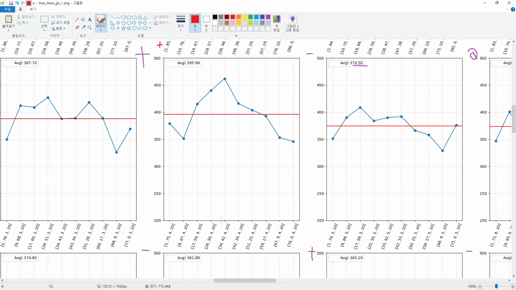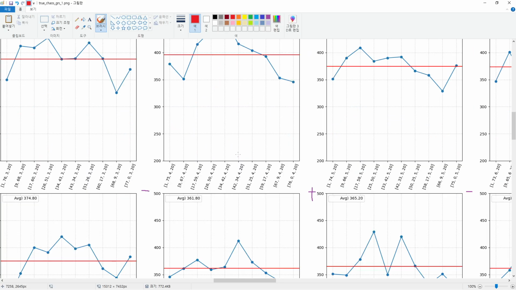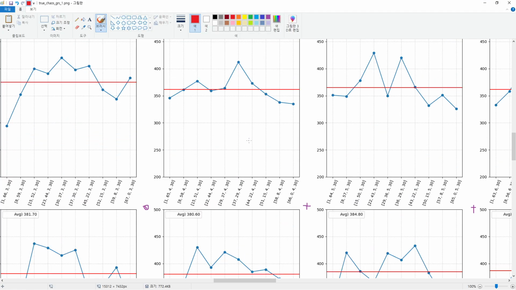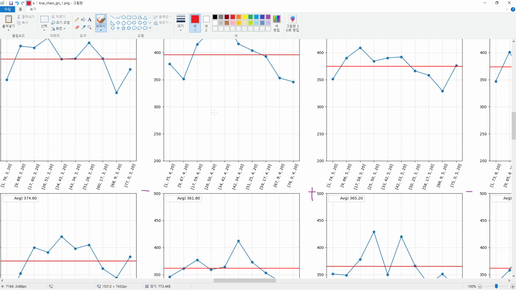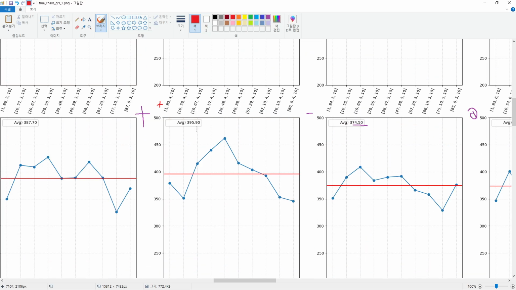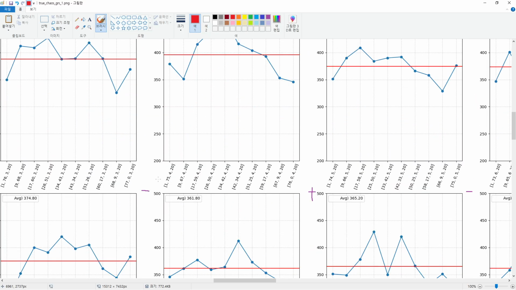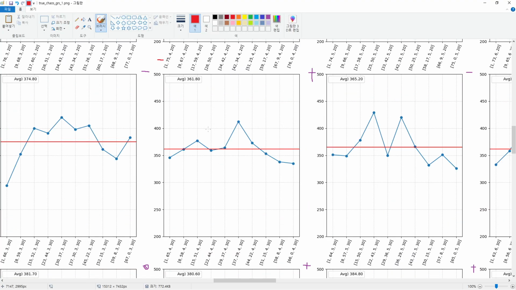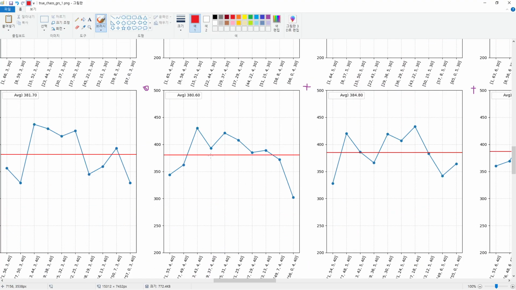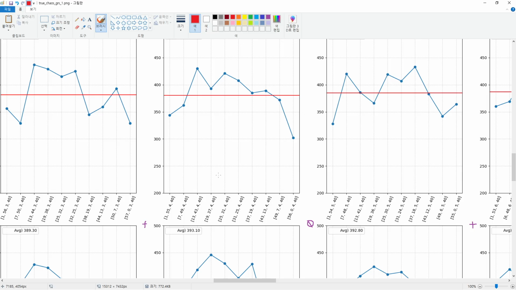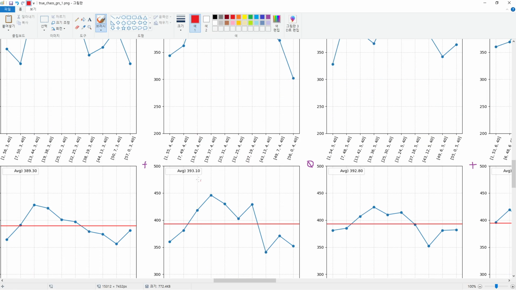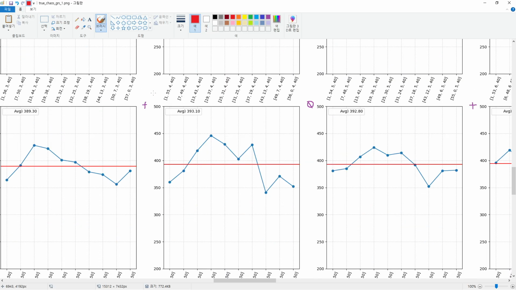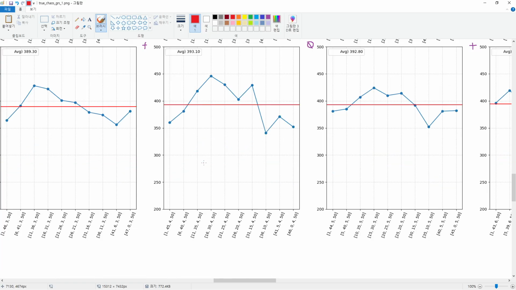Chill ratio 20, from 10 to 20, from 20 to 30 it was 361 all the way from 395, so it's a minus. And then 361 to 380, it's a plus. Okay. 380 to 393, it's also a plus.